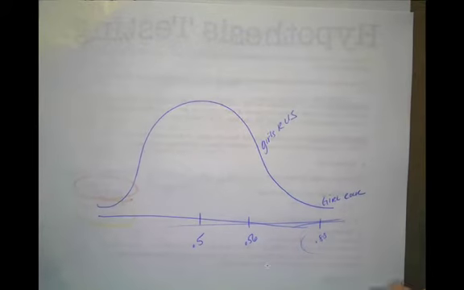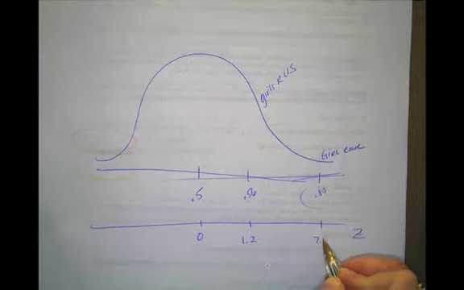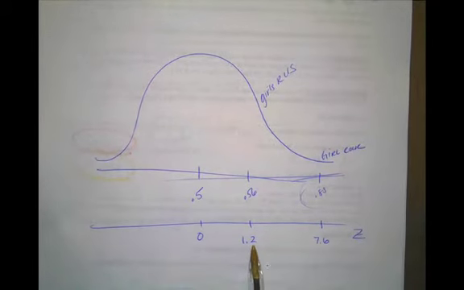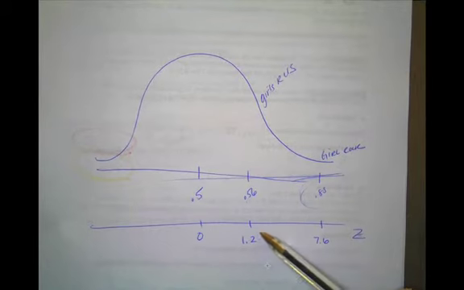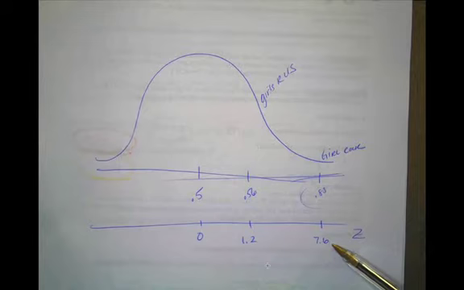Well, then what we did is we looked at some statistics here and we converted everything to a z-score. So this is 0, this was 1.2, this is 7.6. So even if we go back to what we knew about z-scores, we could say here that the 1.2 is not unusual because it's inside that range of 2, but the 7.6 is unusual because it's outside the range of 2.